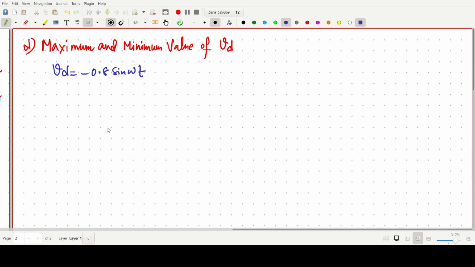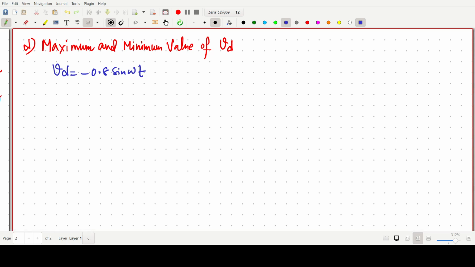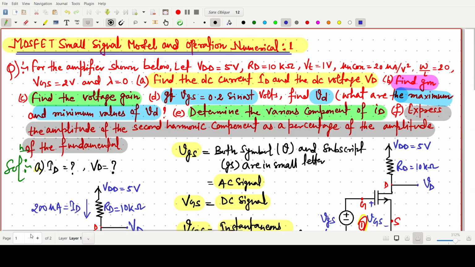Okay, so now in the question, one more thing, it will be better to solve. What are the maximum and minimum values of VD, not this VD? Okay, there is some mistake.